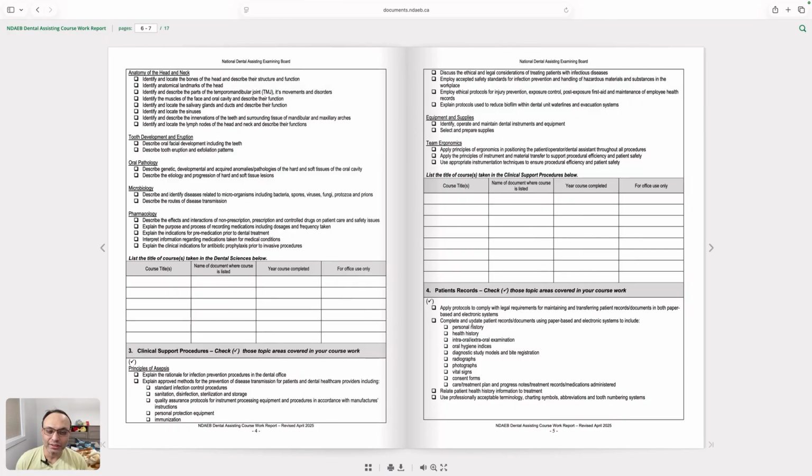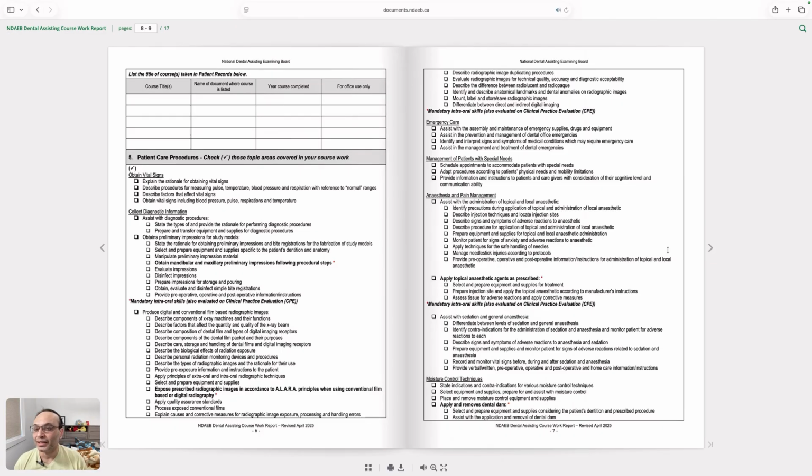Then there are patient records that could be a part of record keeping, and see where exactly you covered all that stuff. When it comes to patient care procedures, you can see vital signs, diagnostic information that consist of impressions, disinfecting impressions, so prosthodontics, then producing radiographic images, and we know that was part of the oral radiology.